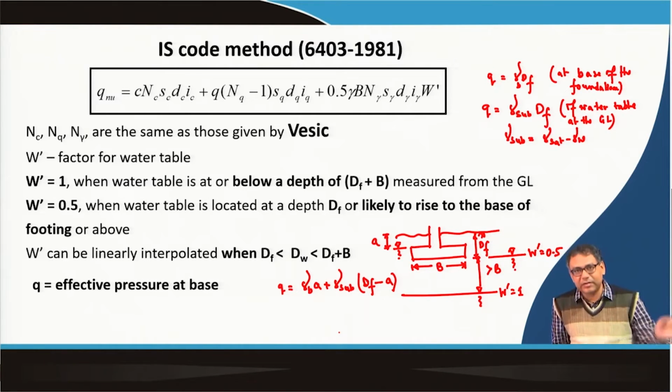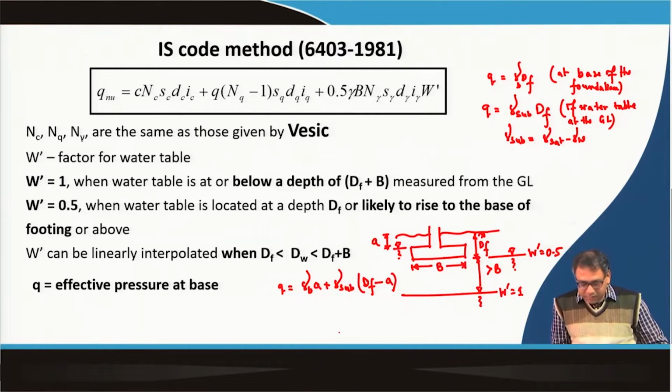But in other theories, you can use the procedure that I have discussed, which is also similar to this type, a slight variation, and in a similar way you can include the water table effect in the bearing capacity equation, as I have discussed during the Terzaghi bearing capacity equation.